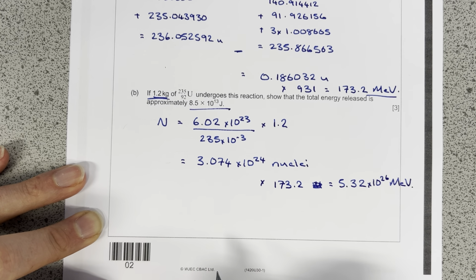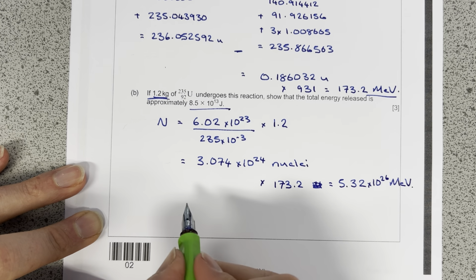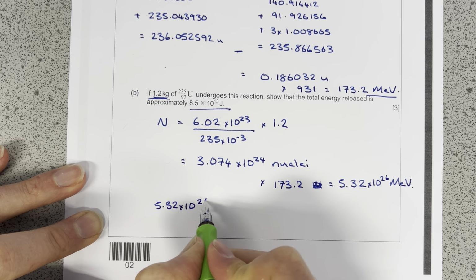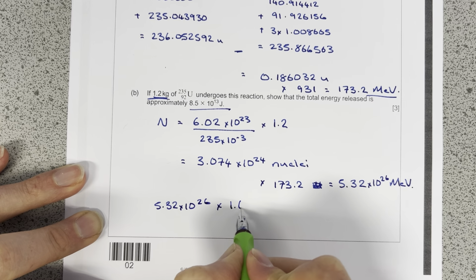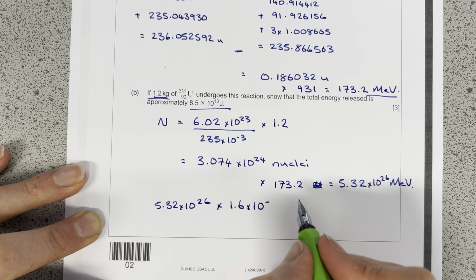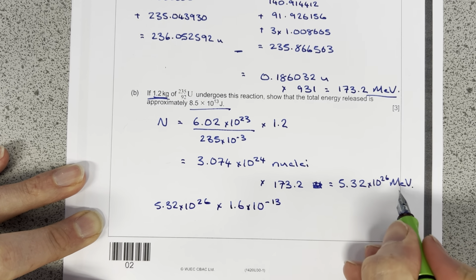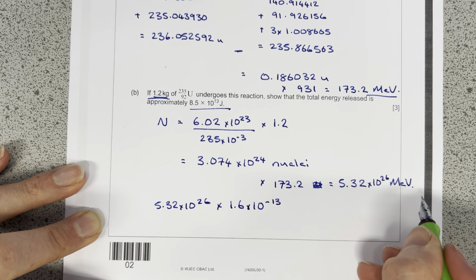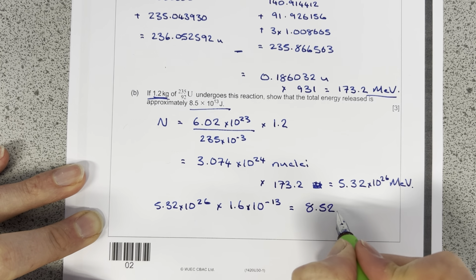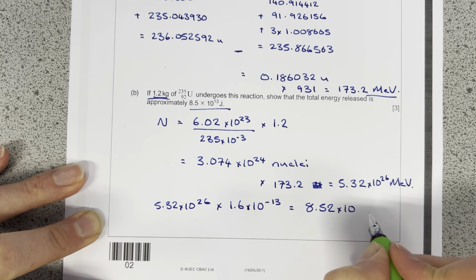So what I now need to do is convert between the two of those. If I do my 5.32 times 10 to the 26 times 1.6 times 10 to the minus 13, because that will take care of the M from the MeV, that will all come out as 8.52 times 10 to the 13 joules.